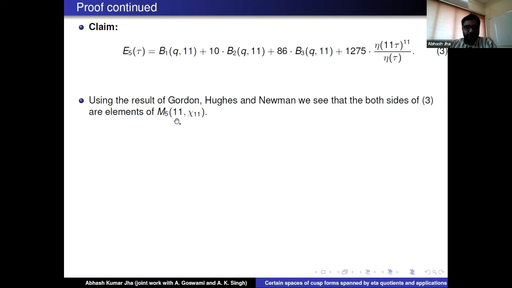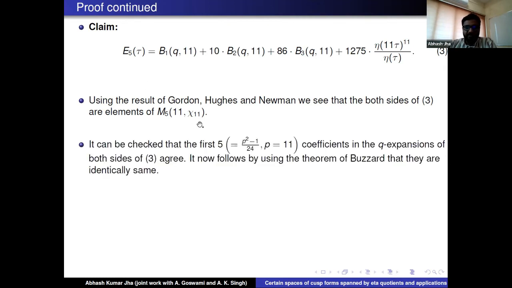To check that they are equal as elements in M5(11, chi11), we can use the result of Buzzard, which says that you have to check only finitely many Fourier coefficients, namely 5. The first 5 Fourier coefficients are enough to check, because this 5 is (P square minus 1) by 24 with P equal to 11, and this can be verified. We have verified it using SAGE, but it can be verified by other methods also.